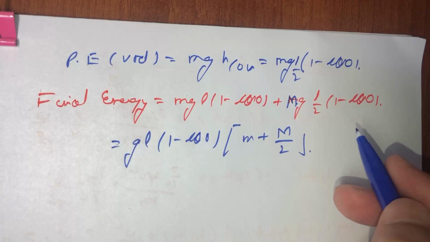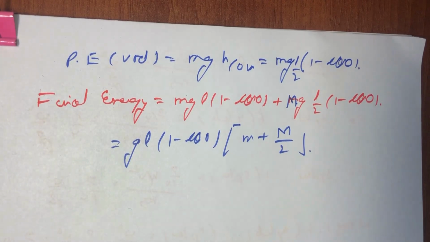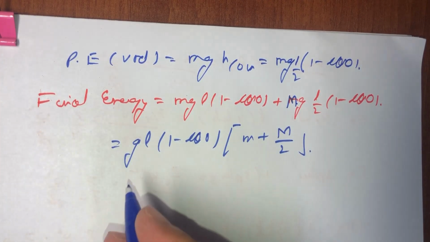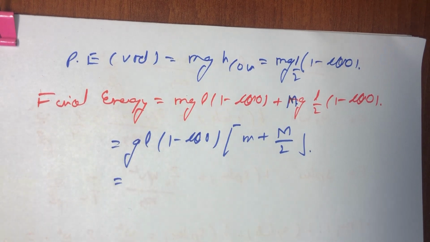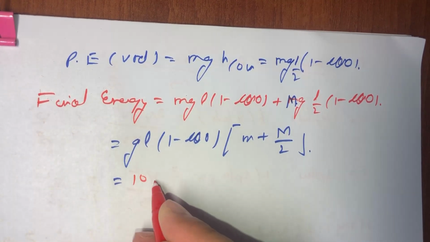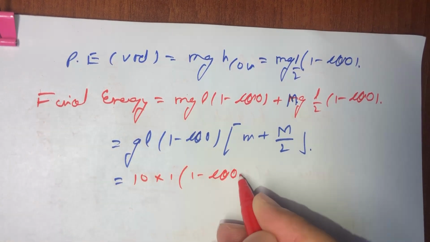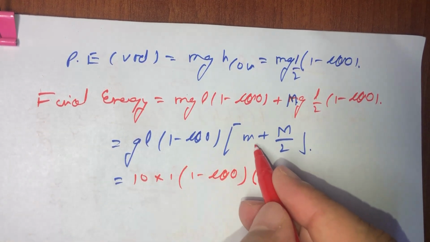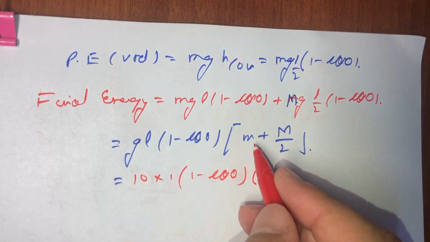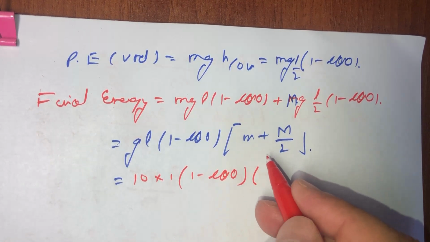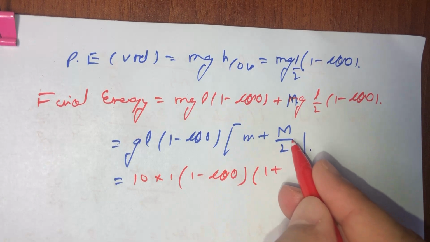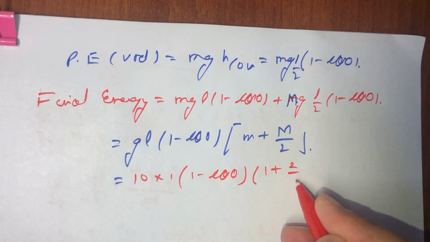Now we are going to simply substitute the values. We already know the values. g is taken as 10, so this becomes 10 multiplied by length 1, times 1 minus cos of theta. The small mass m is given as 1, and the mass of the rod is given as 2, so this will be 2 by 2.